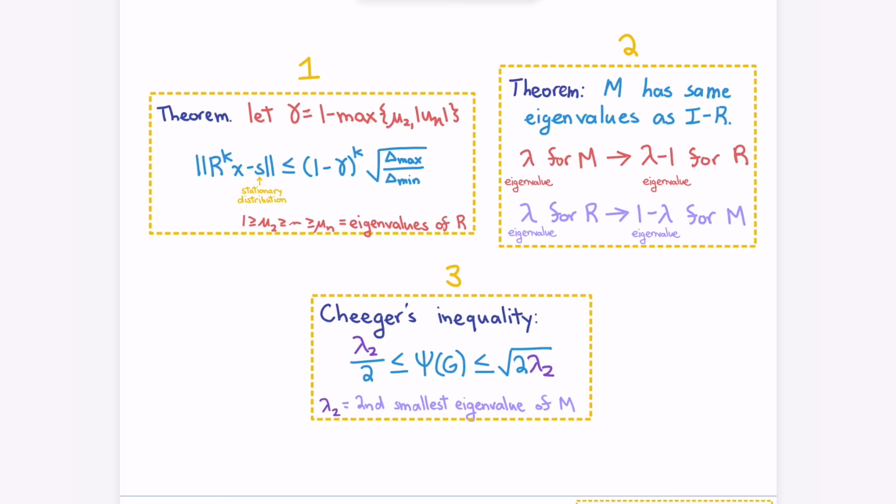So we have some convergence rate for stationary walks, depending on eigenvalues of the random walk matrix, right? And we have some mapping between eigenvalues of the normalized Laplacian and eigenvalues of the random walk matrix. And then we have Cheeger's inequality that relates the second smallest eigenvalue of the normalized Laplacian to this conductance parameter.